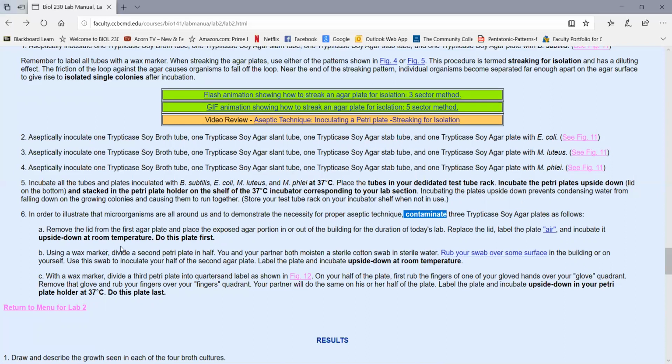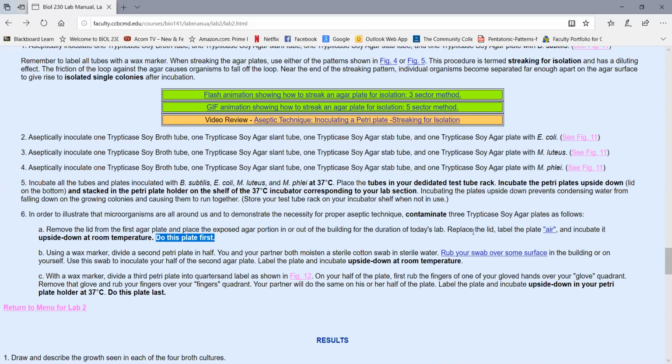So to start out, once you pick up your materials, first remove the lid of your first contaminant plate and place the exposed agar portion inside the building, since we can't go out wearing our lab coats, and leave it out the whole lab. So you want to do this plate first once you get ready to start, so the plate can sit open for the entire lab so that airborne microorganisms can fall onto the agar and show you airborne contaminants that can get into your tubes or onto your plates if you don't use proper aseptic technique.